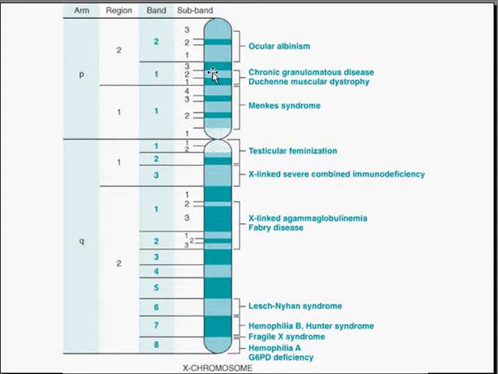In this X chromosome, if you look at the list of sex-linked diseases, you can narrow down where the diseases would occur if that specific part of the chromosome was defective.